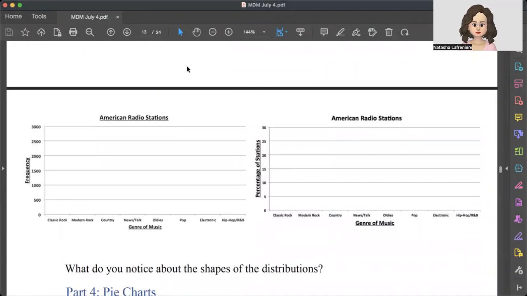Okay, so the first one we've got classic rock, which is a little above.